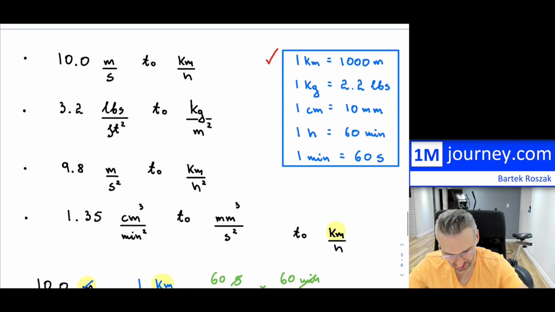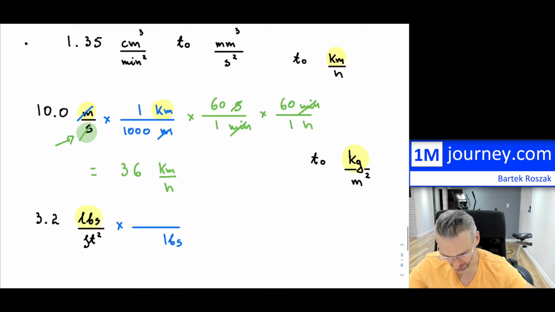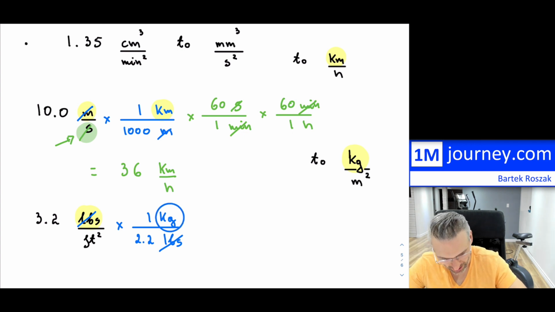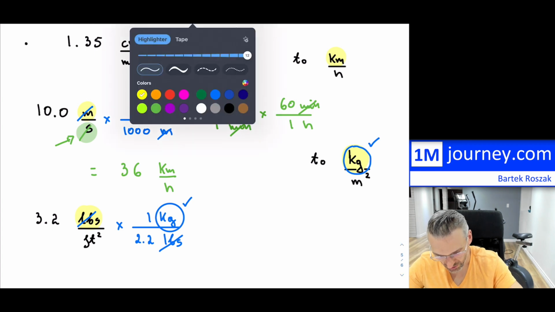Now I know that, for example here, 1 kilogram is equal to 2.2 pounds. So this is going to be 2.2, and that's 1 kilogram. So that gets rid of my pounds, and it leaves me with the kilograms, which is what I wanted. So check mark, check mark. That's done. Now you will proceed to the next item.